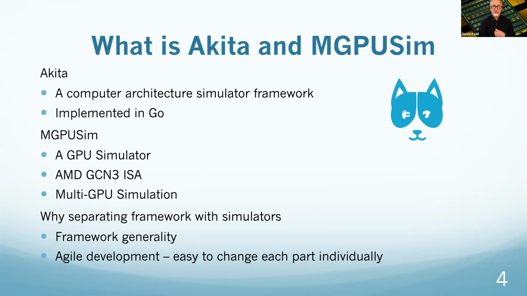Part of the need that we saw was we needed to have a performant simulator, one that was fast enough, particularly as we start to delve into multi-GPU simulation. Most simulators are fairly single-threaded.